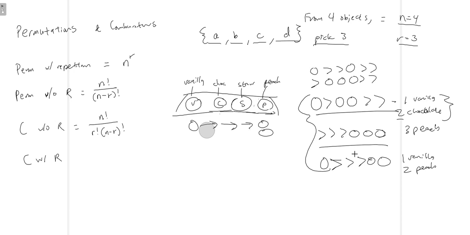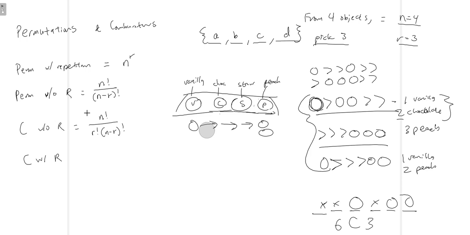There are many ways, but what we'll see is we're choosing 3 positions to put the scoops in. We already know how to choose 3 positions to place something. That is combination without repetition. So out of 6 positions, we are choosing 3.